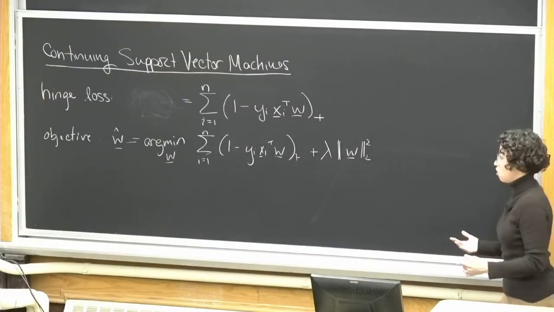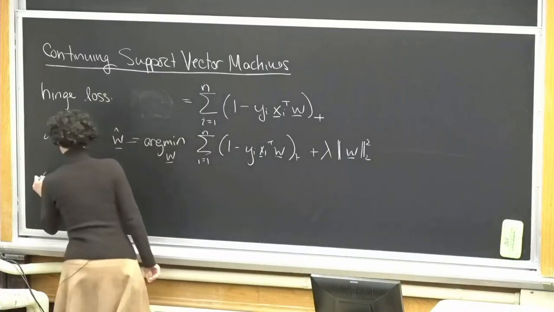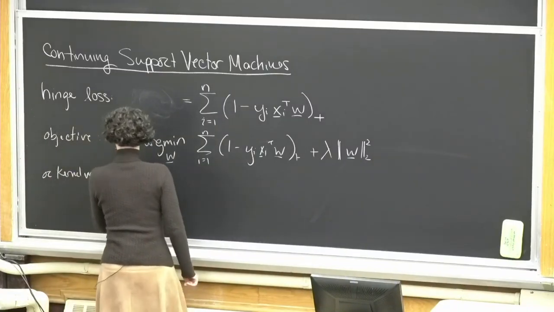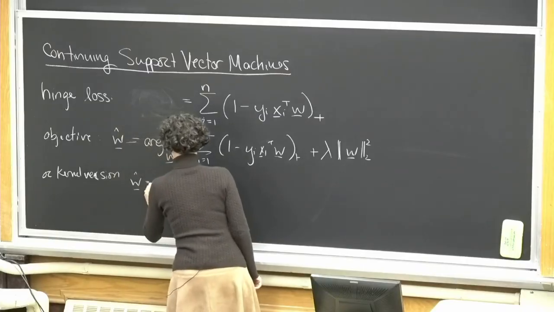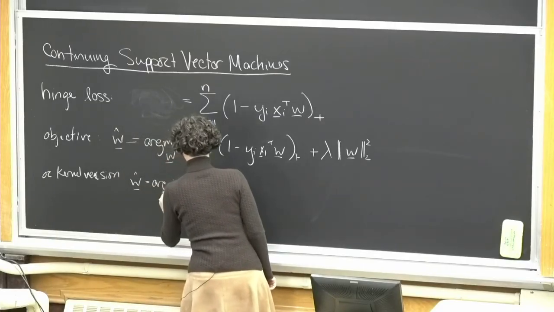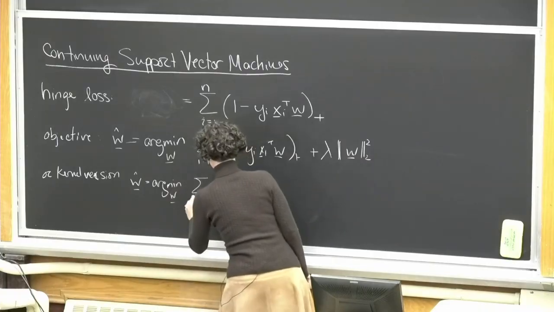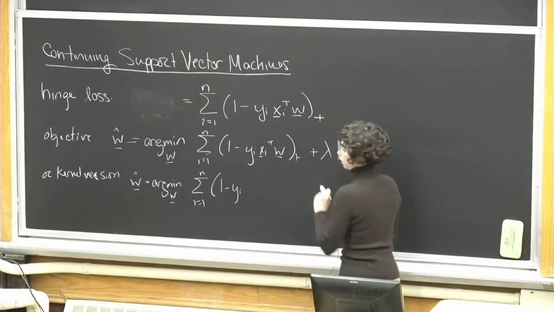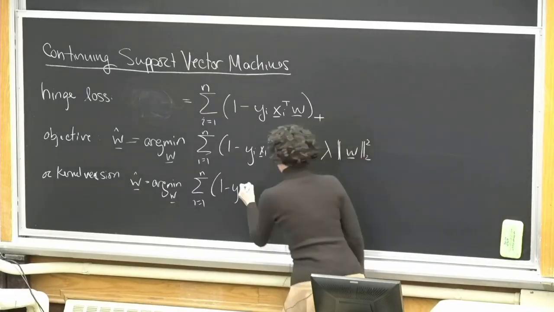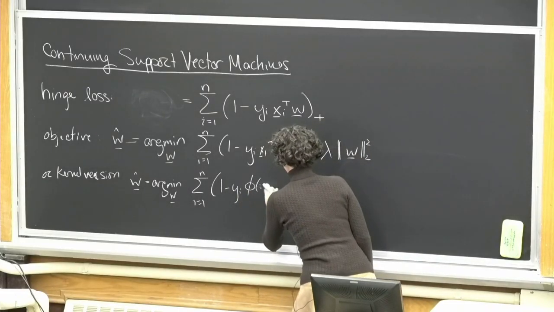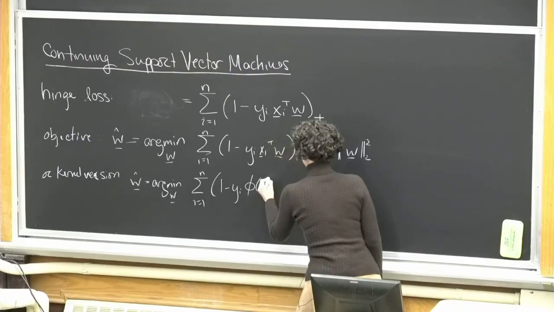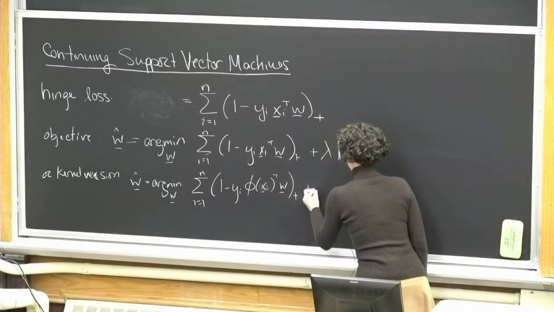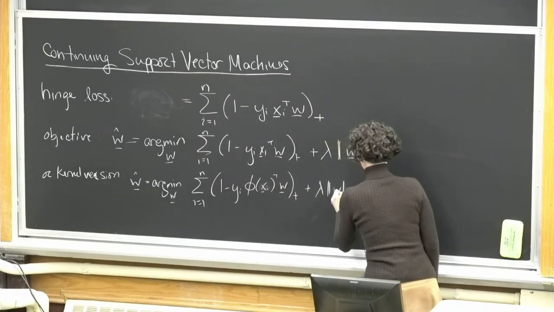And we can also do a kernelized version, where we would say that our weight vector W hat would be the arg min over W, sum from i equals 1 to n, of 1 minus yi... And now, instead of working with our original feature vector xi, we would map it to a high-dimensional feature space using some function phi and do our regression or our prediction in that space.